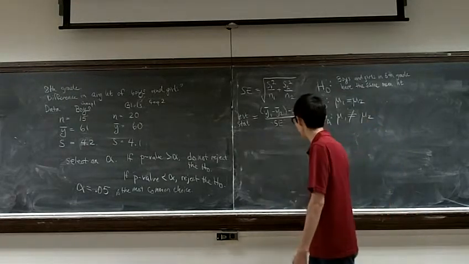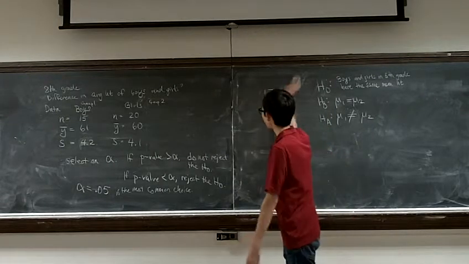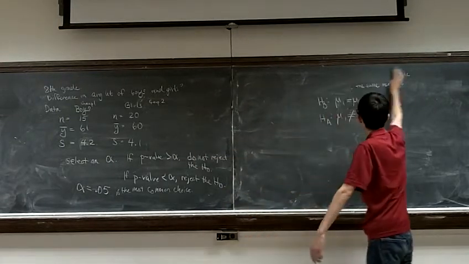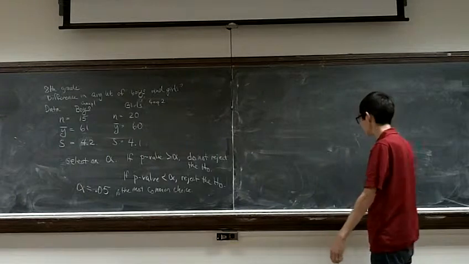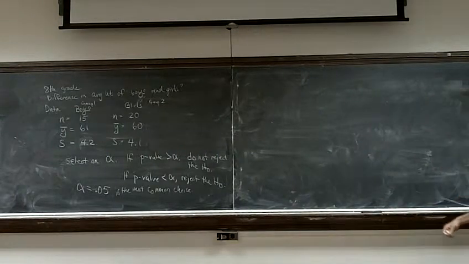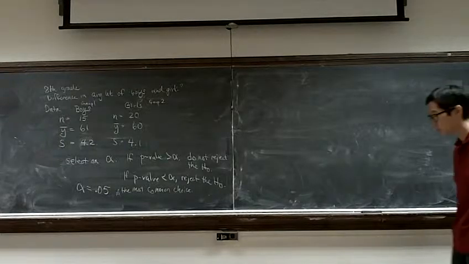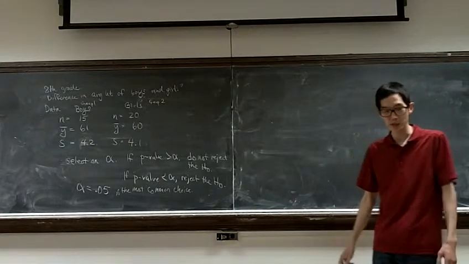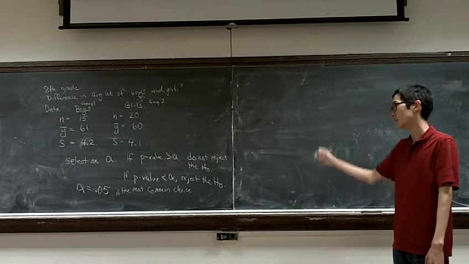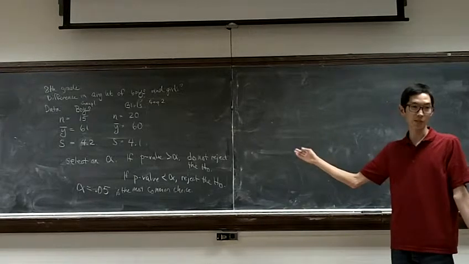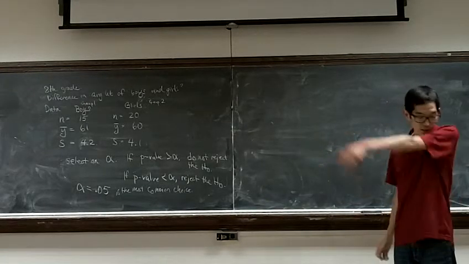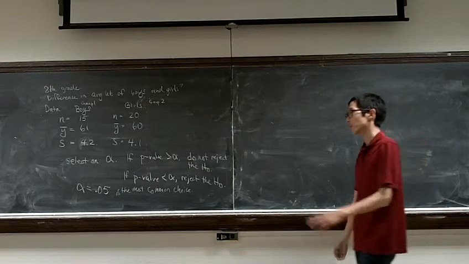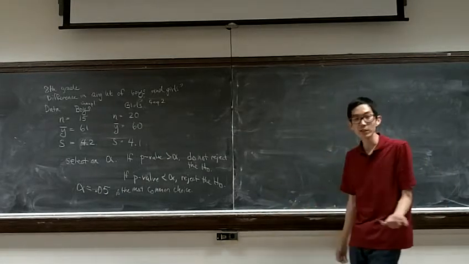So with this problem here, we found our test statistic to be 0.69 and our p-value was 40% or whatever. We concluded that we do not have evidence that boys and girls have a different mean height. We've actually already learned how to do this with confidence intervals.